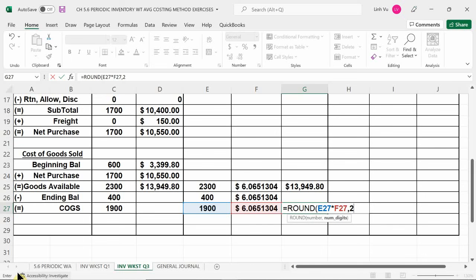What is my grand total cost going to be? 1,900 times 6.0651. I have $11,523.75. Good.